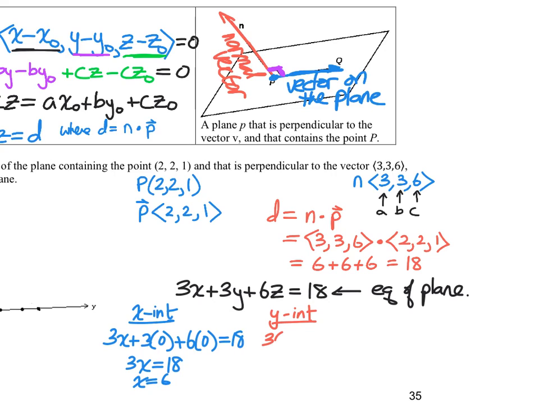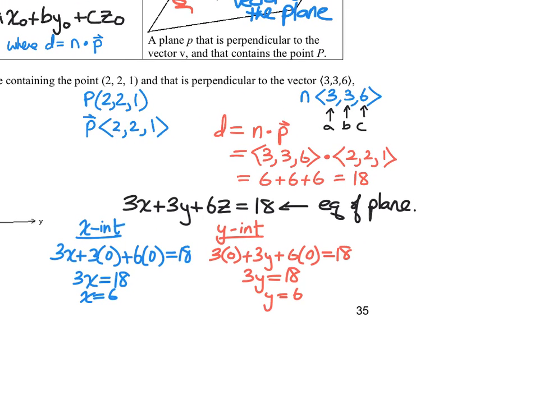For the y-intercept, you let x and z equal 0. Leave y variable. It's the same idea as what you would do if you were graphing x and y intercepts in the two-dimensional system.